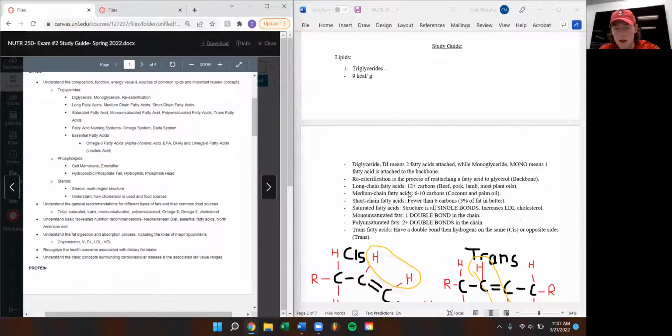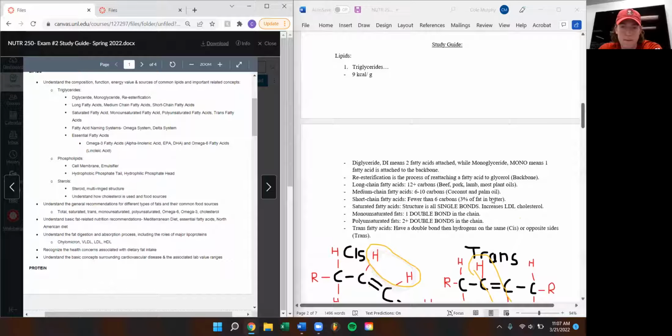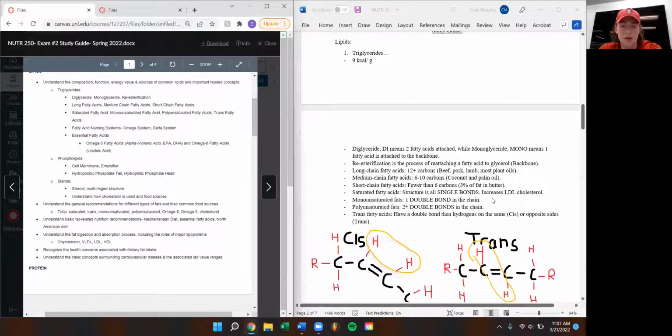So also knowing the sources of these in foods is going to be important to know. The long chain is going to be beef, pork, lamb, and most plant oils. Medium chain is going to be coconut and palm oil, and then short chain fatty acids is 3% of butter fat. So knowing those examples is going to be important.